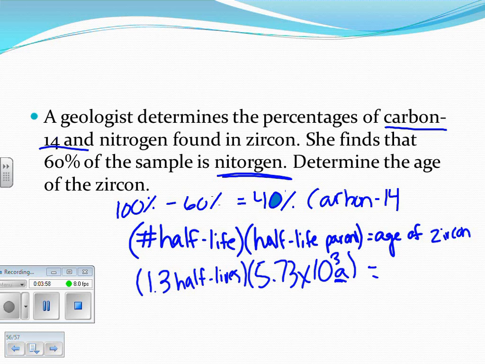When we multiply this out, 5.73 times 10 to the 3 times 1.3 gives us 7,449 annum.